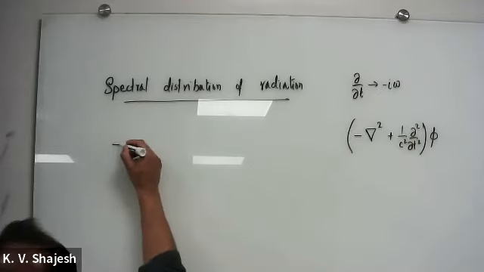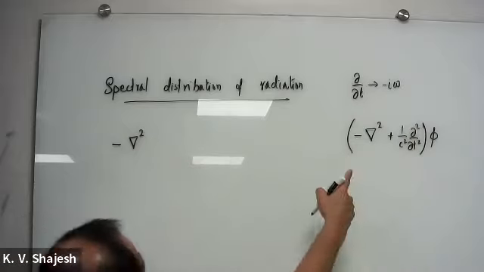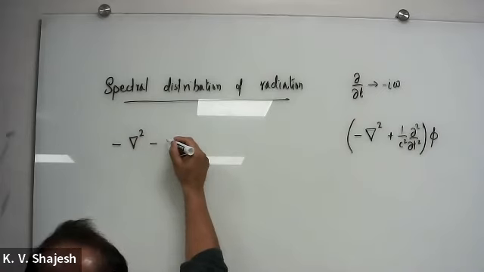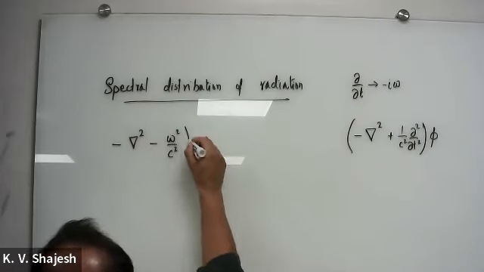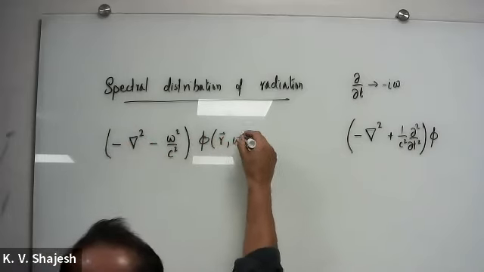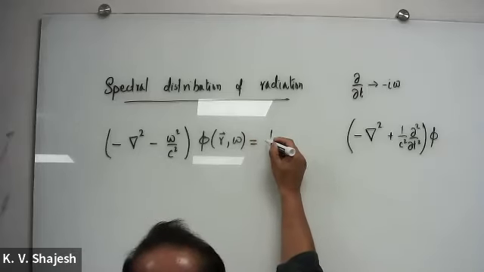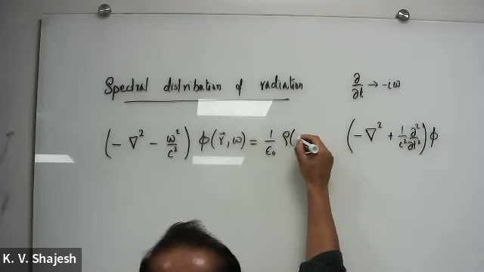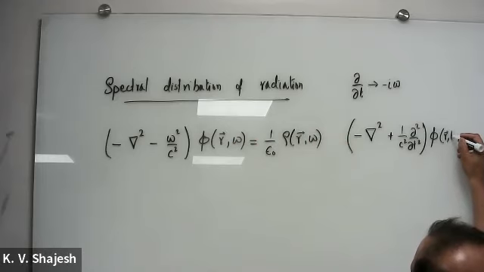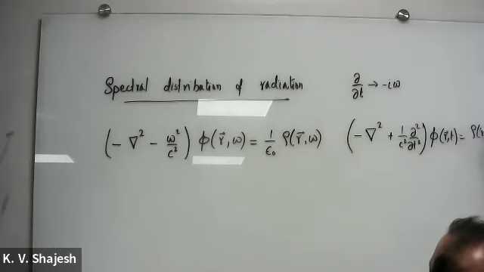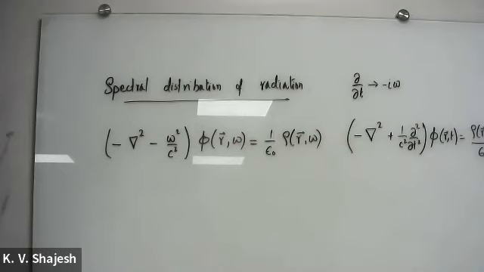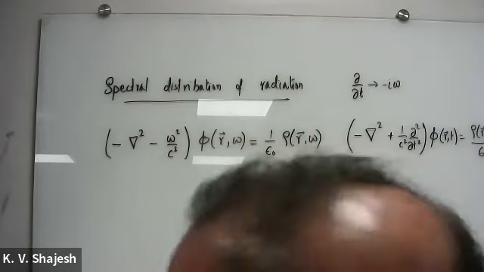In that manner, our equation becomes minus omega squared over c squared. Now we are in the frequency domain, and that's equal to 1 over epsilon naught times rho. This is in the time domain. So that's an immediate way of going from one to the other.